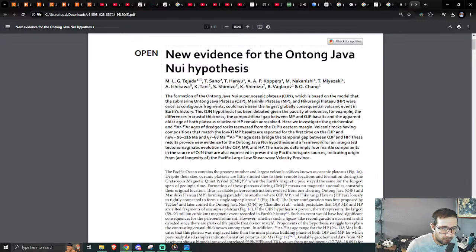Volcanic rocks having compositions that match the low titanium Manihiki Plateau basalts are reported for the first time on Ontong Java, with new ages of 96 to 116 and 67 to 68. Bridge the temporal gap between Ontong Java and Hikurangi.